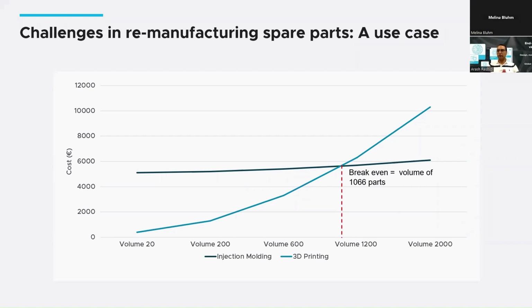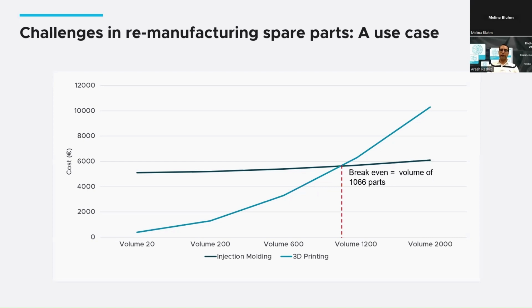So they are not here taken into account, but just doing a simple calculation, you see that there's a break-even point of around 1,000 parts, and if you have a volume of more than 1,000 parts, then injection molding would be the manufacturing way to go for that.